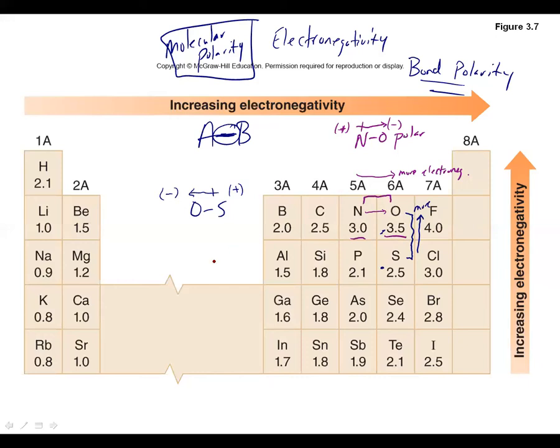Again, this is the electronegativity chart, and if you do need that chart, obviously it will be provided for you. This is the chart we use to determine whether or not a bond is polar. A reminder that what we use this for is what is sometimes referred to as bond polarity.